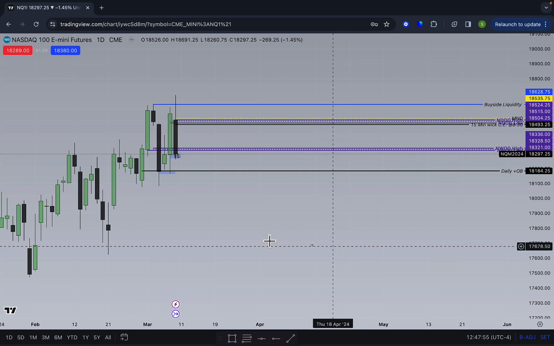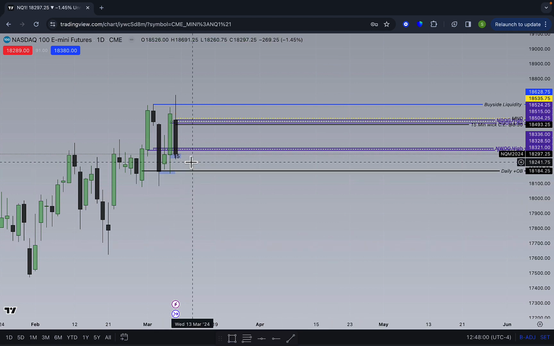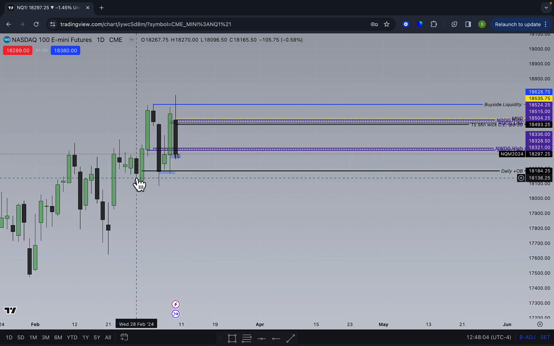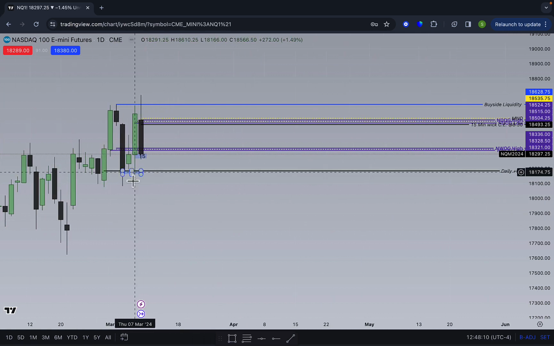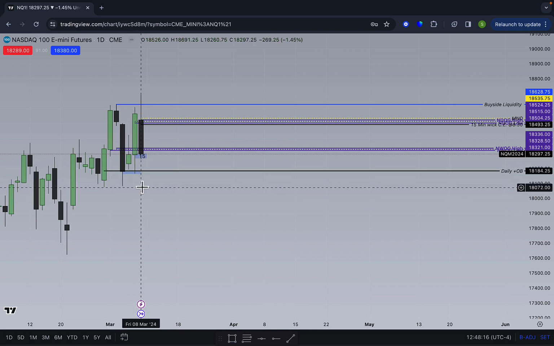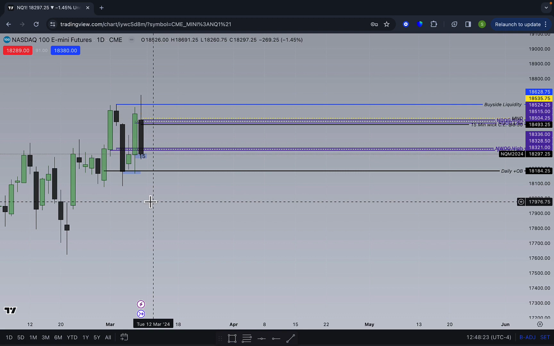On the daily chart, if we close below the 50% mean threshold of this candle, and if we close below the 50% or consequent encroachment of this wick, those two would be big signs of price going lower.